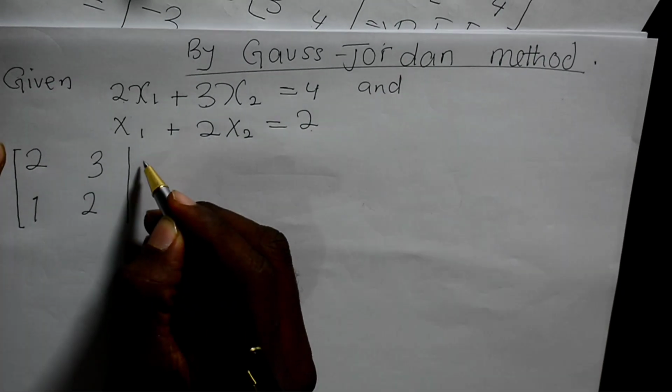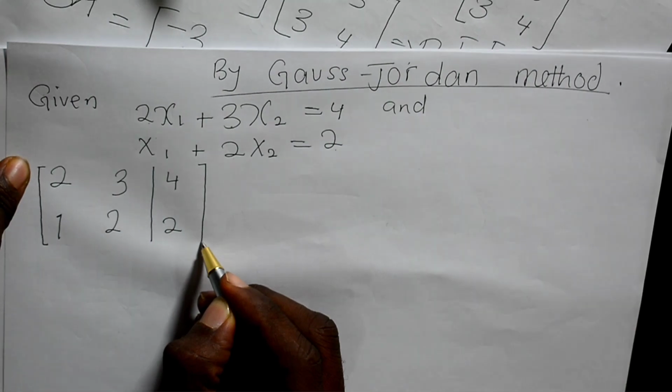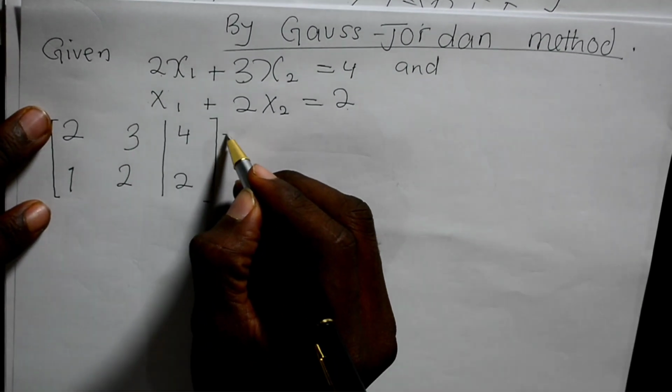Then the constants 4 and 2. Then we close the matrix. So now this is how to do the first step.